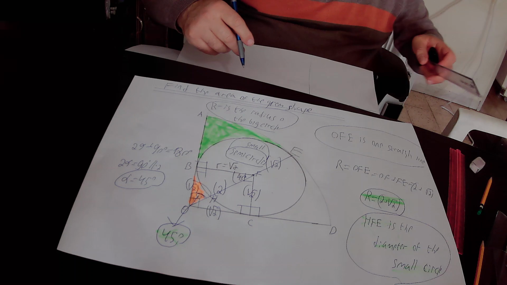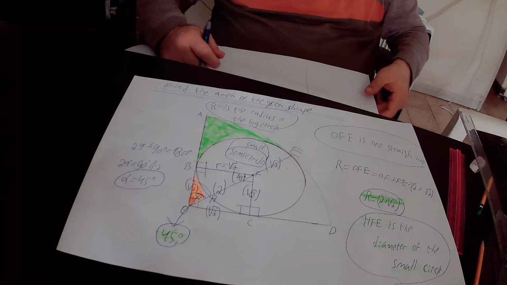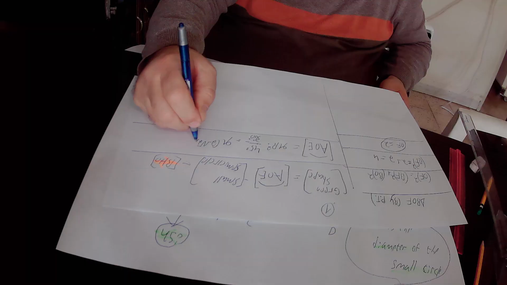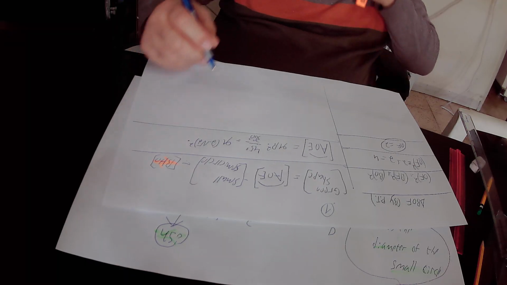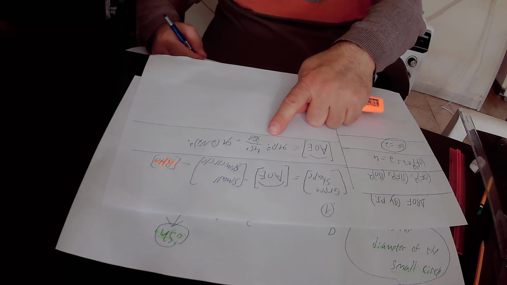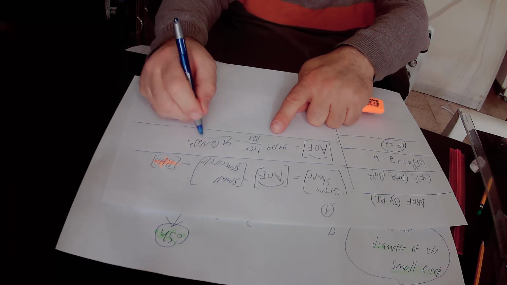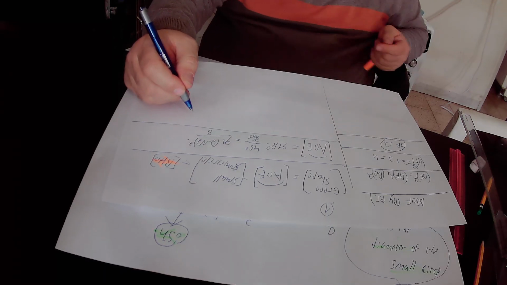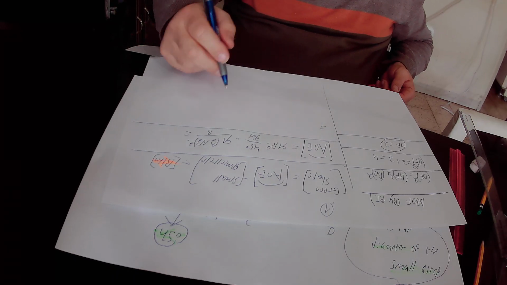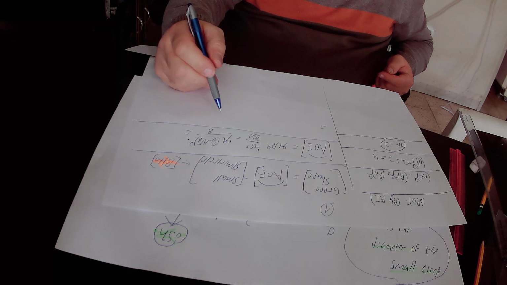We have already found out that capital R equals 2 plus square root of 2. Therefore capital R squared equals 2 plus square root of 2, squared. And we have to multiply it by 45 degrees over 360 degrees, which is 1 over 8, so we divide it by 8. So the area of the big sector equals pi times (2 plus square root of 2) squared over 8.